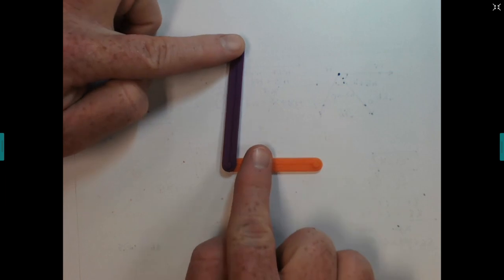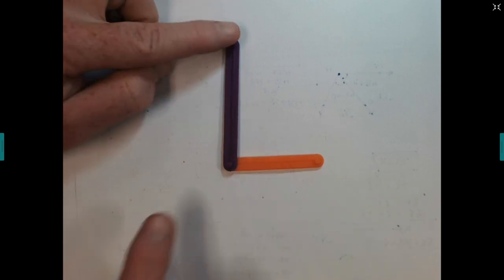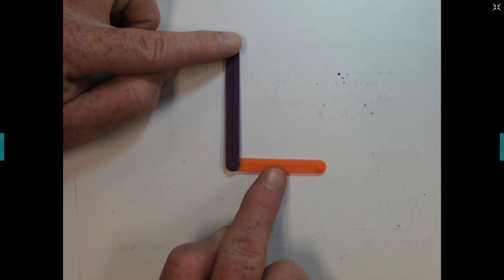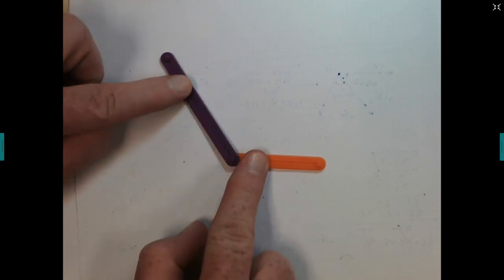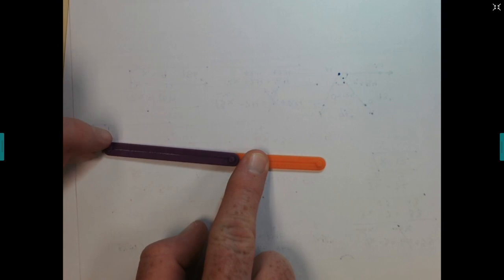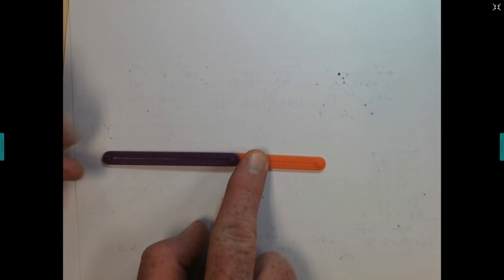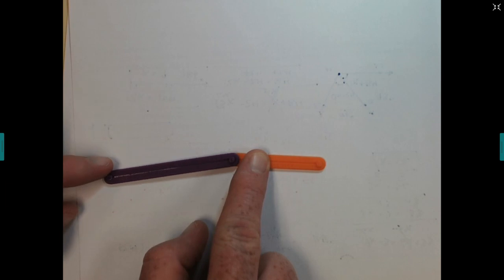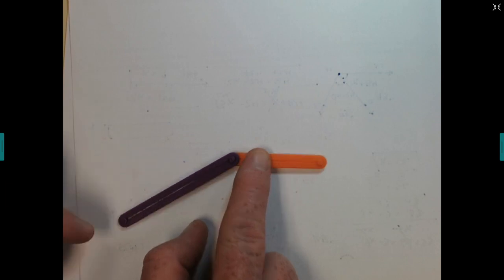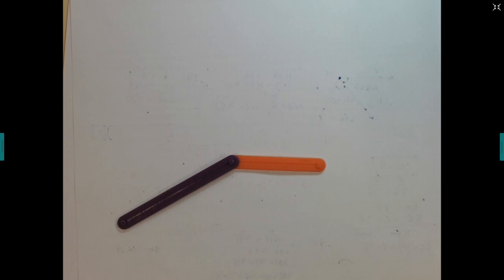So first off, what do you think this angle is about equal to right here? It looks about 90 or a little bit less. About 90. You said if we get to 180 degrees, we're at a straight line, correct? Yes. And if I go bigger than 180 degrees, what's happened now?